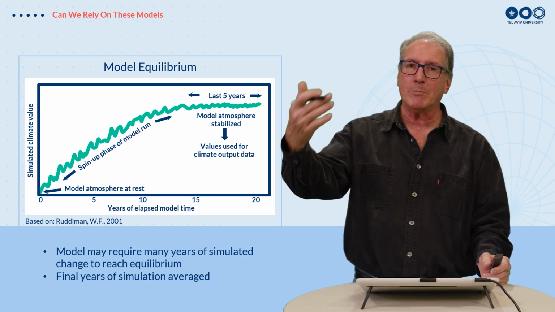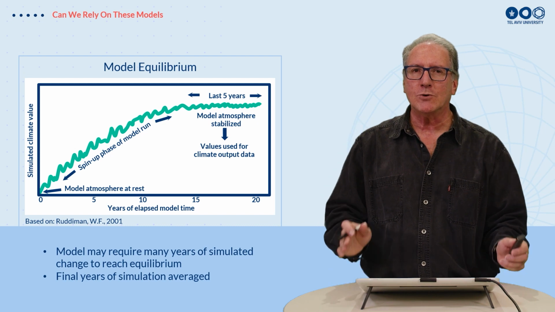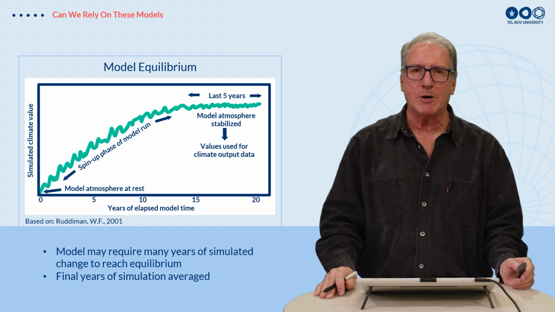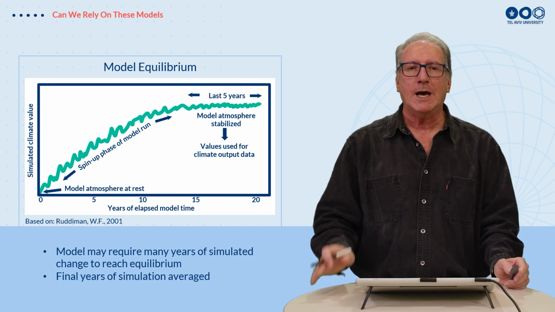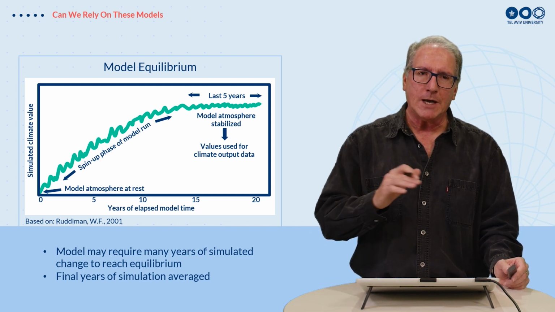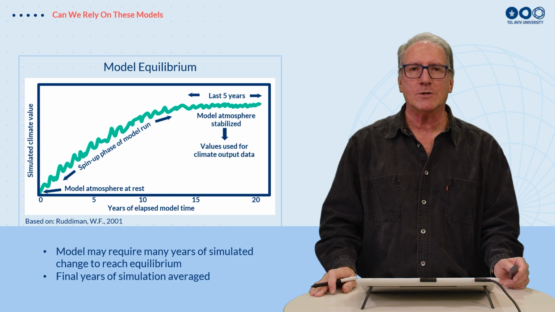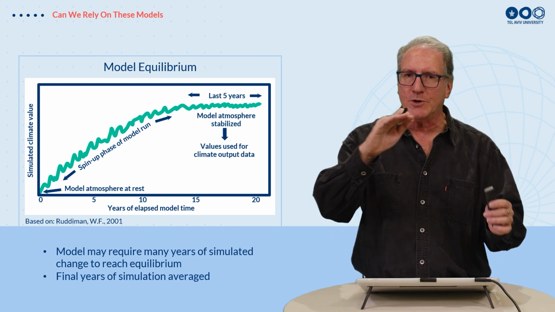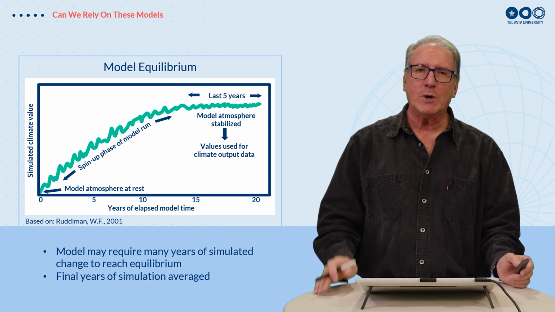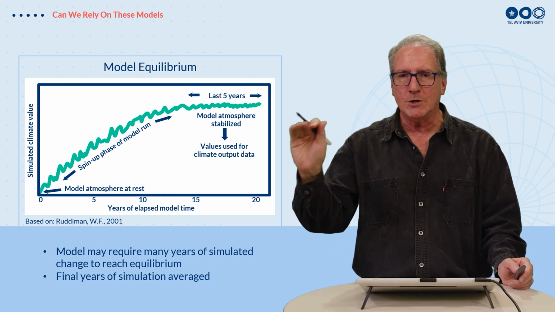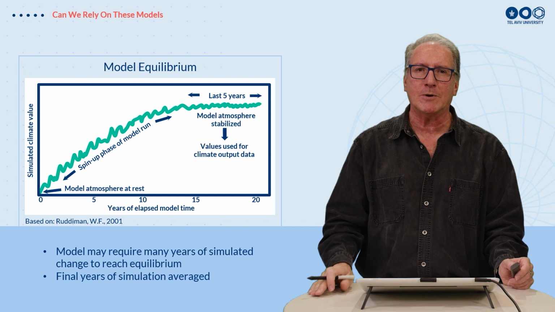If we then want to see what may happen in the future, we can do, for example, a double CO2 experiment. We can double the amount of carbon dioxide in the model atmosphere and start the model again. Again, we have to wait 15 years or so, 20 years, until the model reaches a stable new climate, new temperatures, and then we can look at the difference between the new climate and our control climate from before.